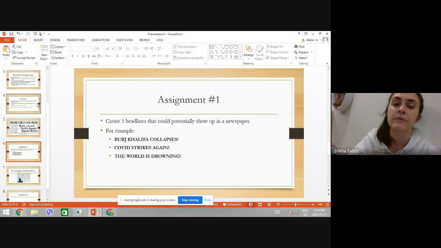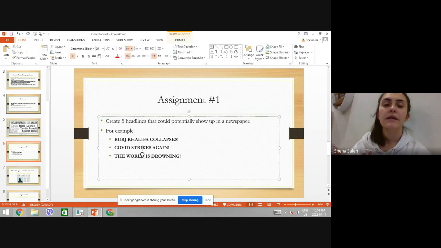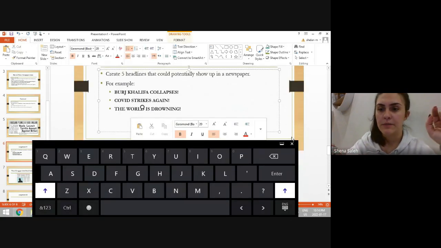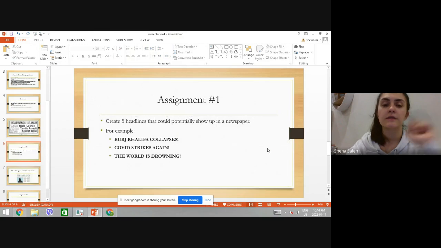So for your first assignment, please create 5 headlines that could potentially show up in the newspaper in the future. It could be fake news, obviously, because mine was. Burj Khalifa collapses, obviously it's not going to. But that part there is quite important.